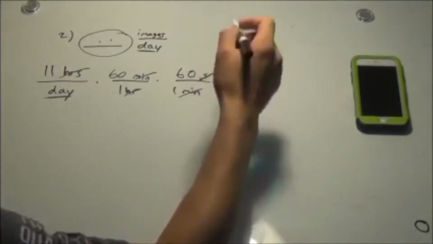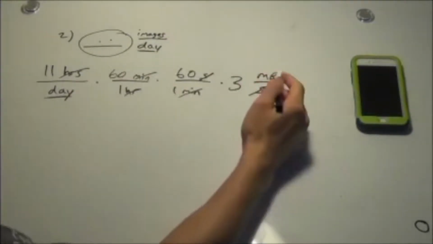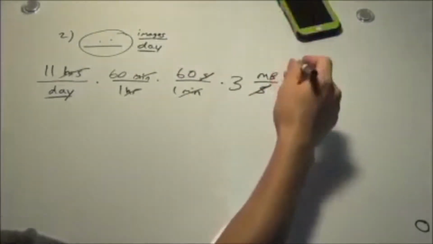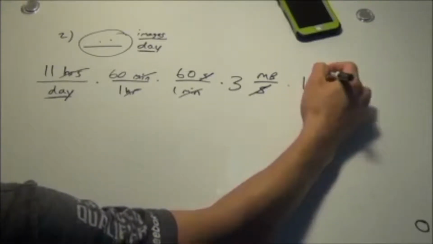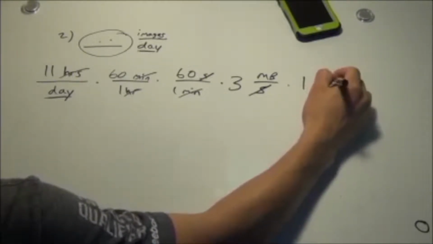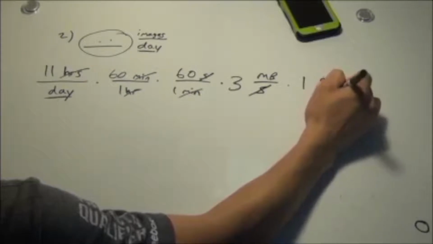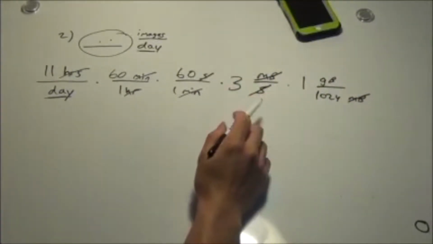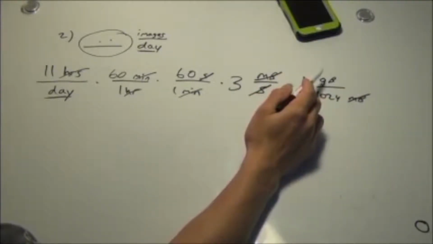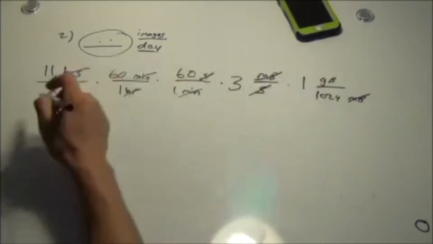Voila, now we have megabits per day. Now we need to get it into gigabits per day, and that conversion rate is 1 gigabit per 1,024 megabits. And now we know that we have 11.2 gigabits per image.